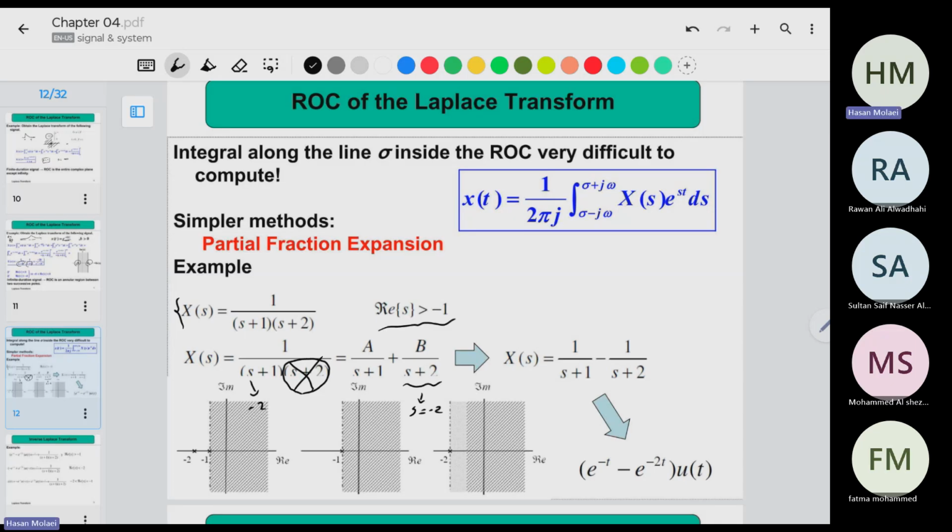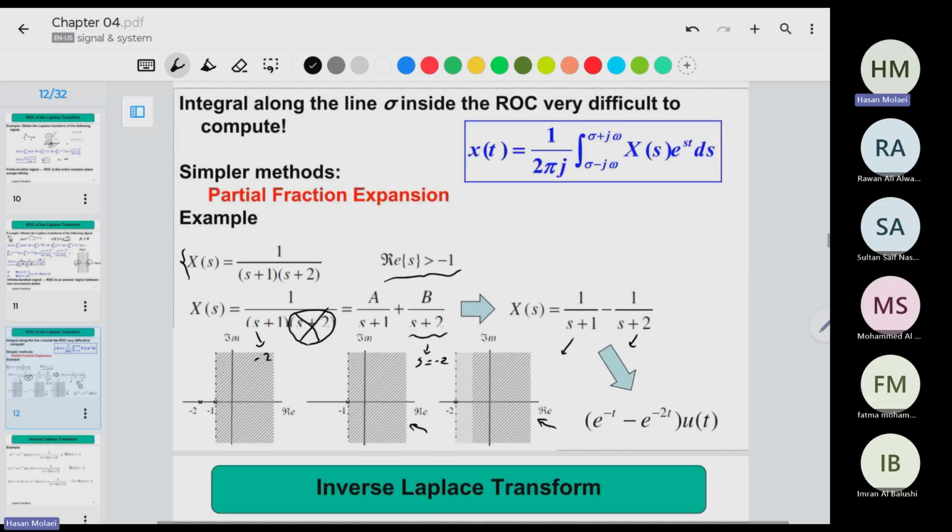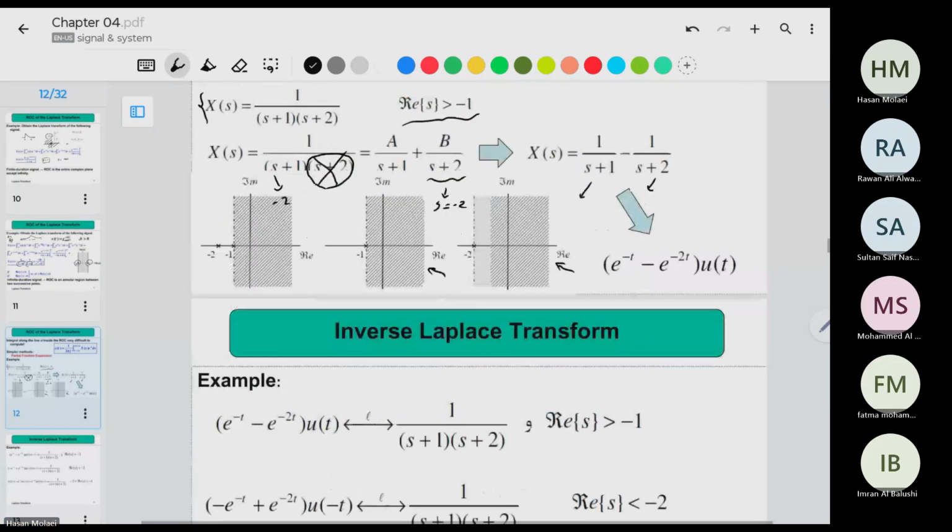And the ROC is bigger than minus 1, which means for both of them the ROC is right-sided. So I should use e to the power of minus at u(t) for both of them.